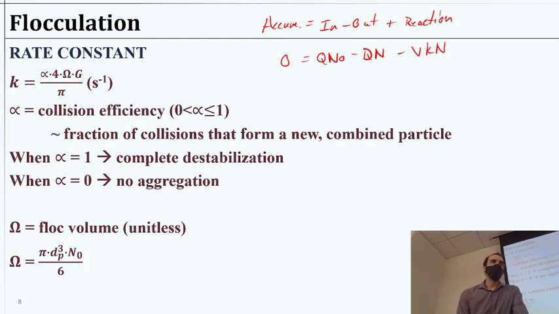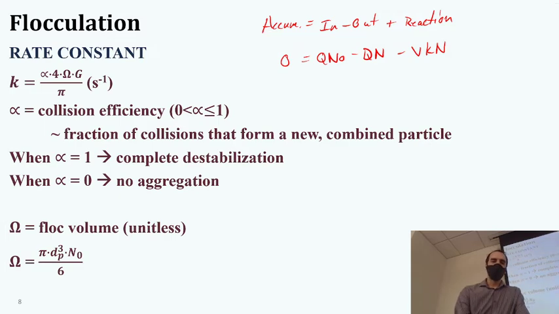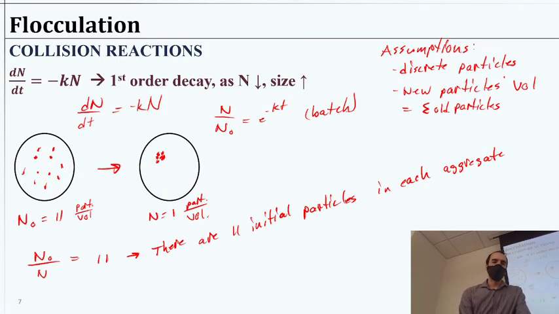Now I put this here as V K n, first order, because we know, based on the simple principle that particles sticking together depends on how many particles are in there. If there are 2 particles in my entire water bottle, they're not likely to meet each other, so the rate is going to be pretty slow.